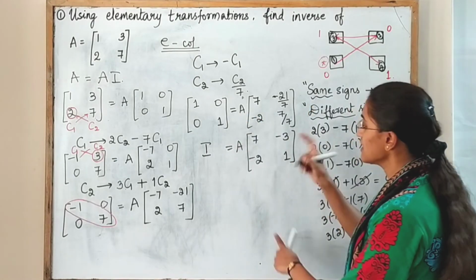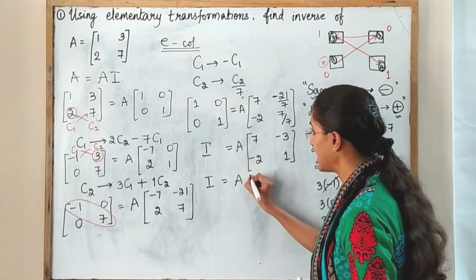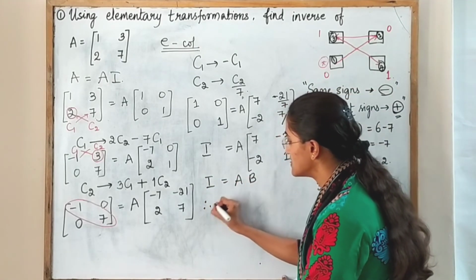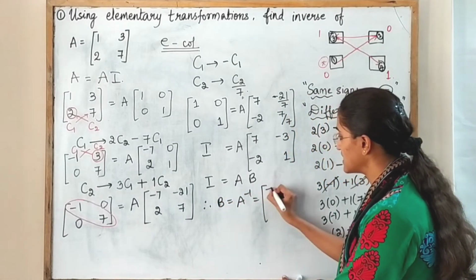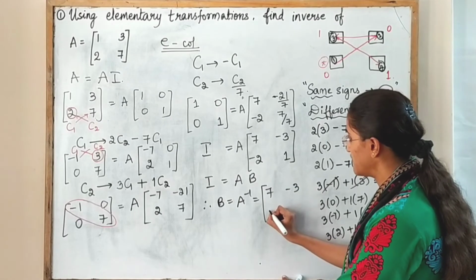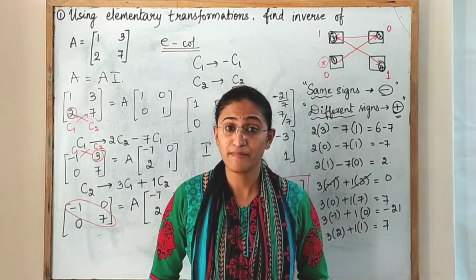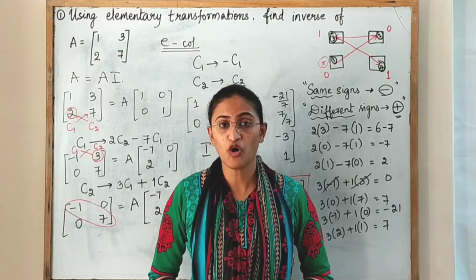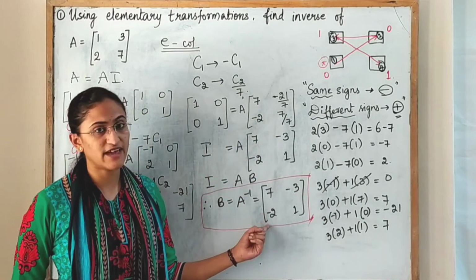Now after applying the operation, this is the identity matrix that we have got, equal to A into a new matrix, I is equal to A into B, where this B is nothing but the inverse of A, which is given by the matrix 7, -3, -2, 1. Apply either elementary row operations or column operations, you end up with the same answers.